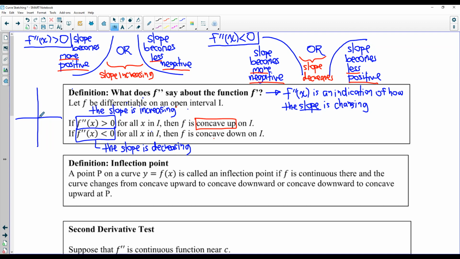Like you have a curve that starts down here and then it goes up. Now, if you were to take this curve and extrapolate and just draw the other side of it and try to draw it as a parabola, it would look a little bit like this. Okay, this is referred to as concave up.